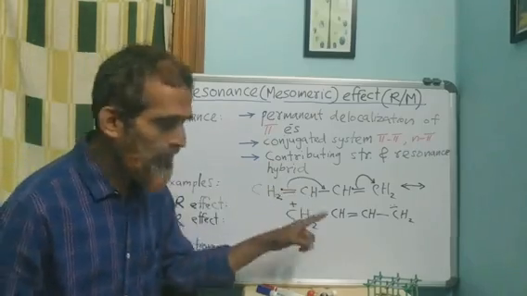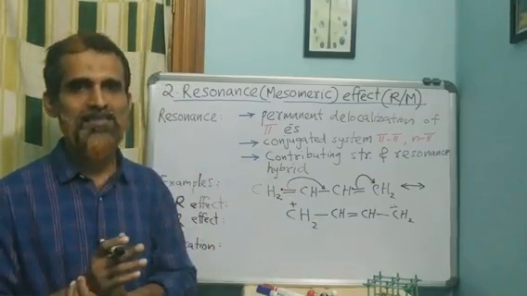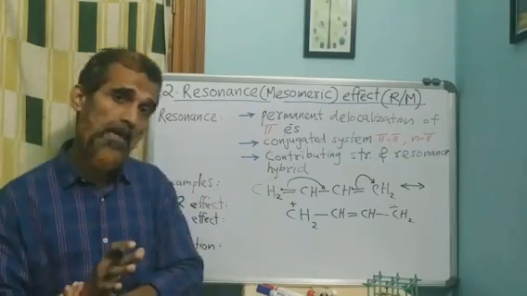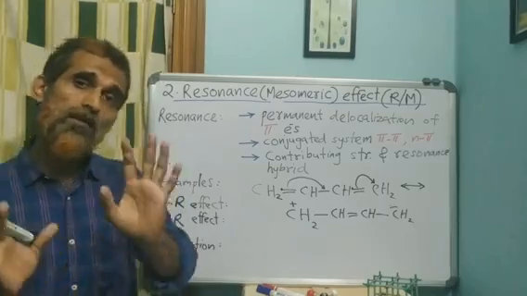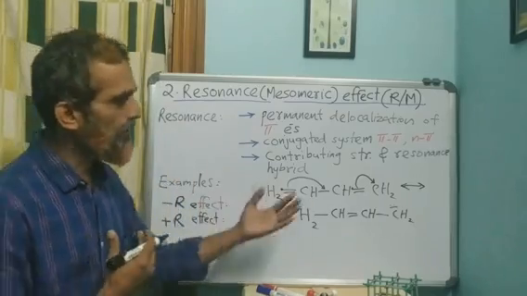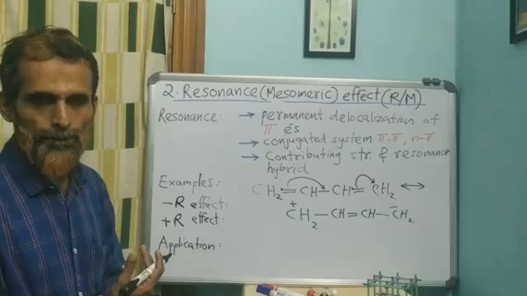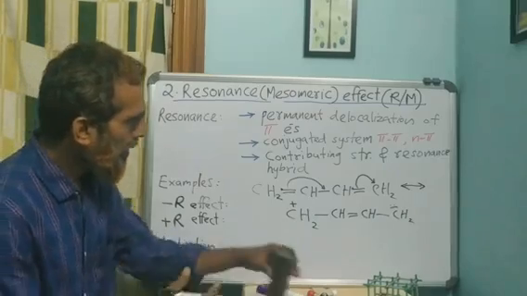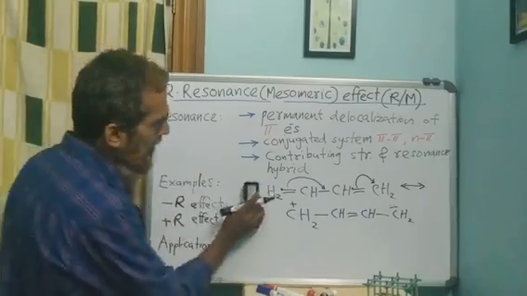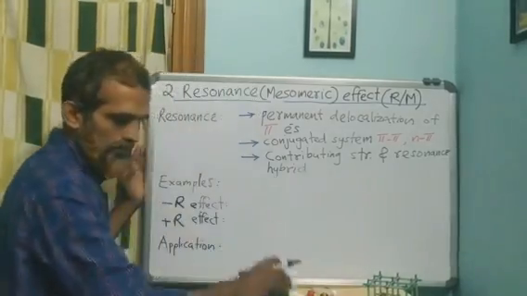Remember, these are only hypothetical structures. Resonance structures or contributing structures are only hypothetical, and there is only one real structure which we are unable to represent in a single structure, so we draw all possible structures. Right? So what is the actual molecule? Something in between.